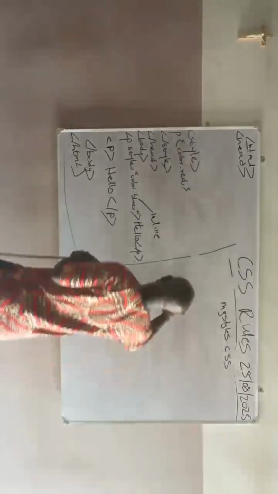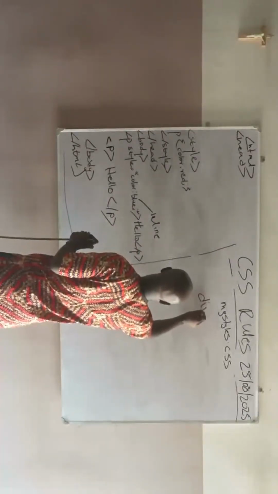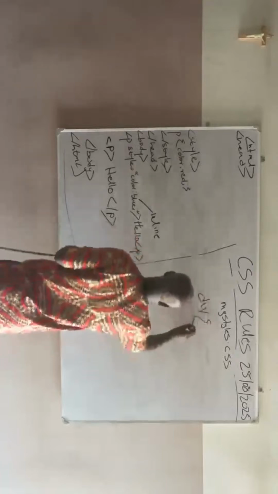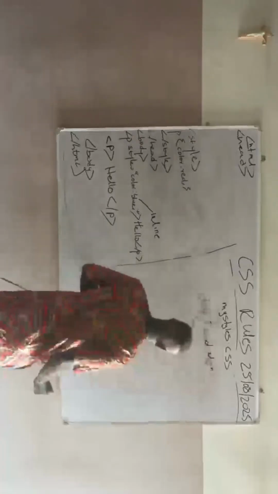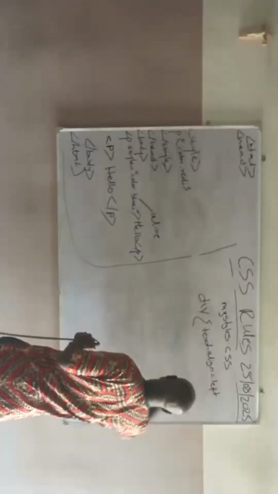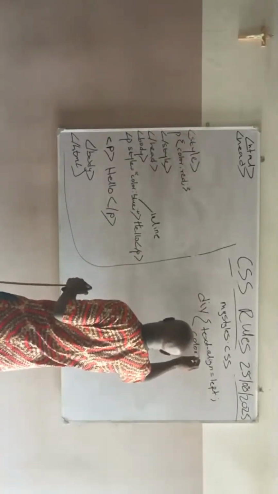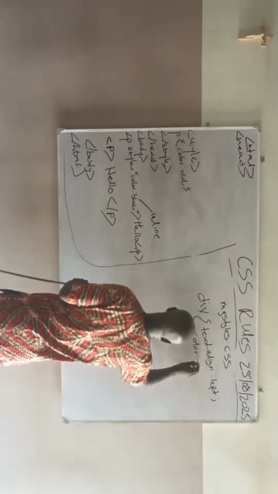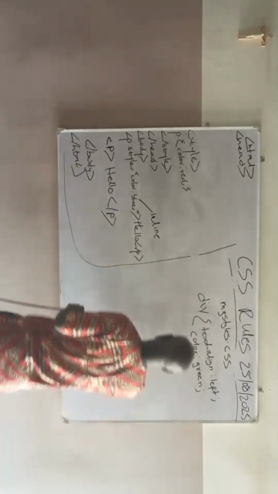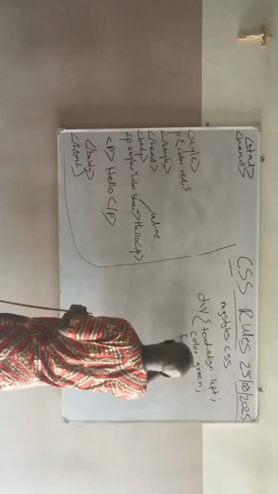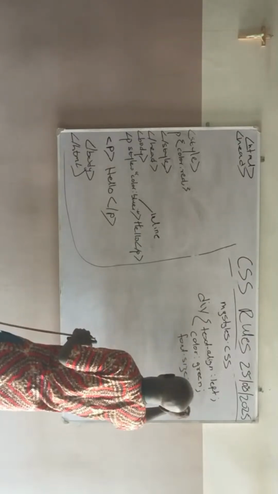Now here, I have div, text-align: left, color, font-size, results.